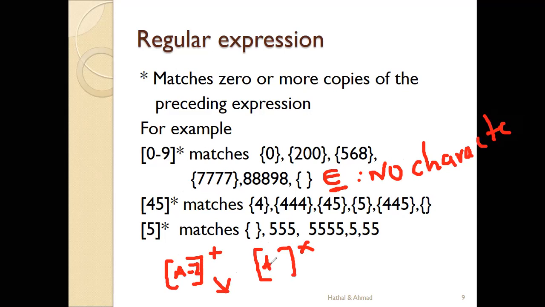The same way, if we say A to Z with a star, then you need not select any character from the character class. So even this expression can be used to match the empty string. The empty string is denoted by epsilon, or you can represent it with an empty flower bracket.